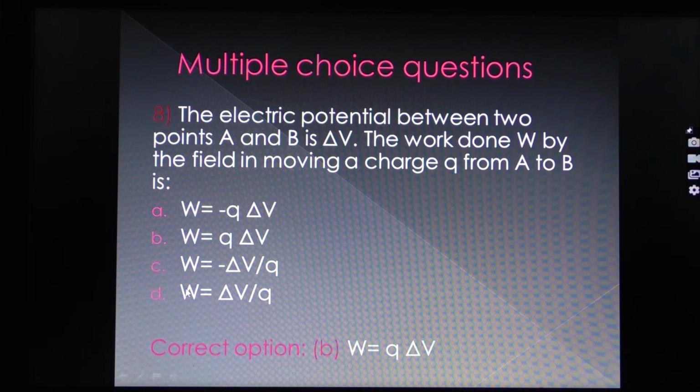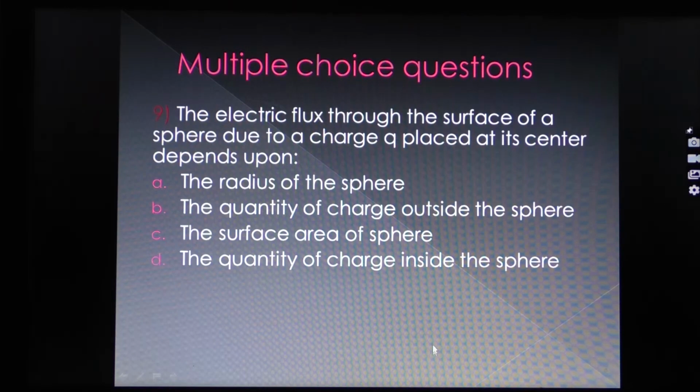Yes, this one, option B. W is equal to Q into delta V. Very important equation. We have derived it, and we used it right now in the previous MCQ. So this equation is correct.